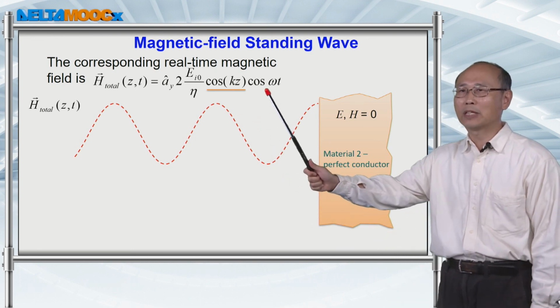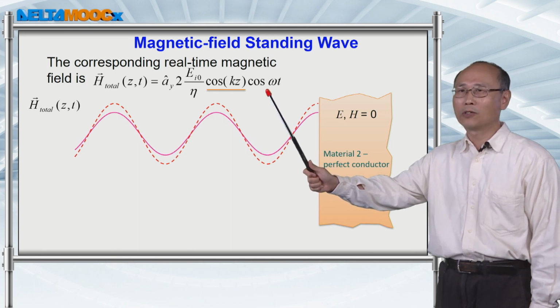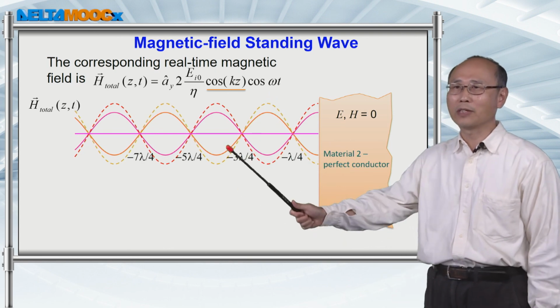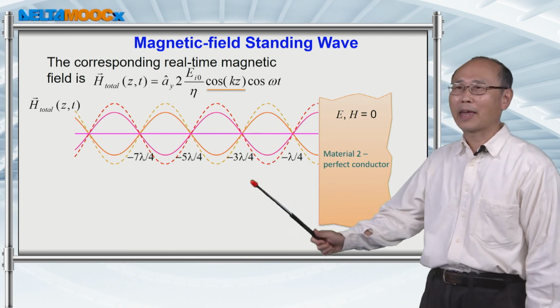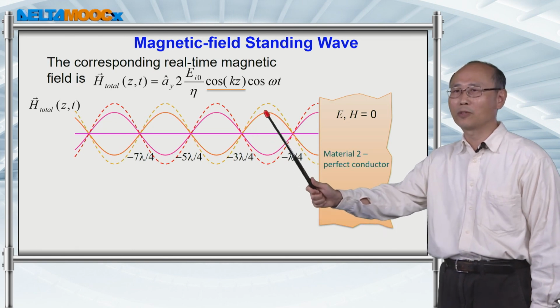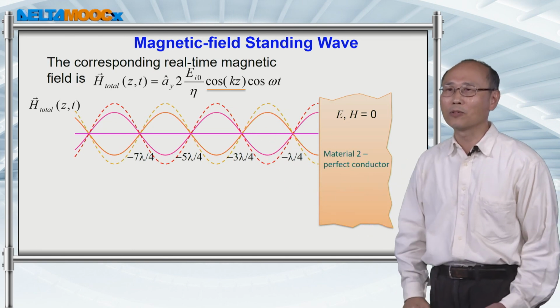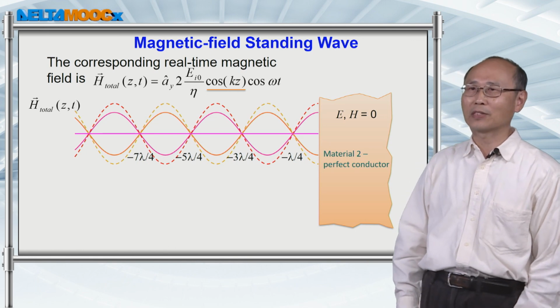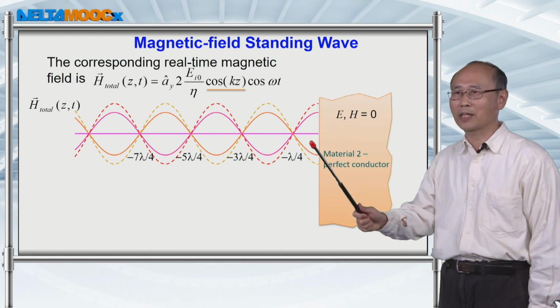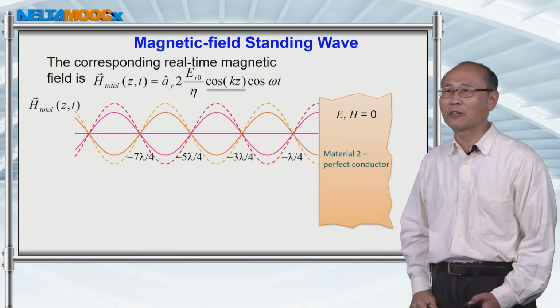But the amplitude is modulated with the sinusoidal time variation. So if you allow the time to go, then you will also see this standing wave pattern. And again, the separation of the two nodes, or the separation of the two peaks, will be equal to half of the wavelength. But because you have a cosine here, on the boundary you have the maximum magnetic field.